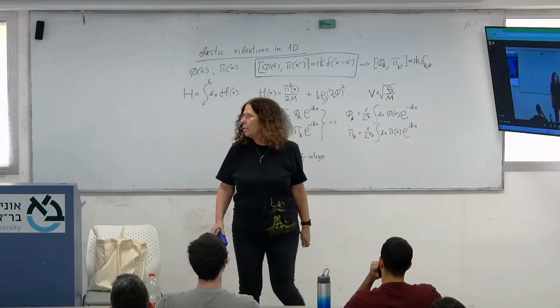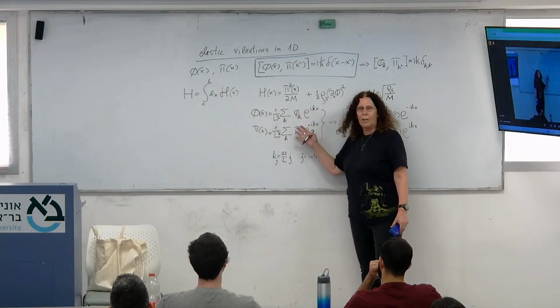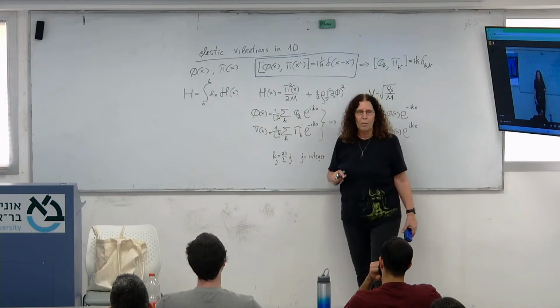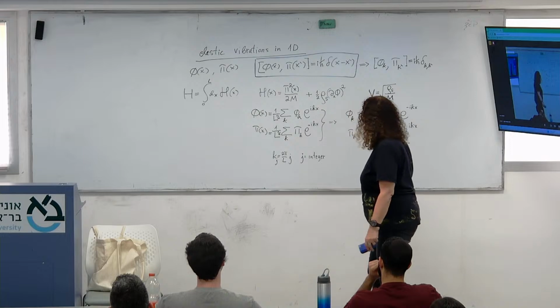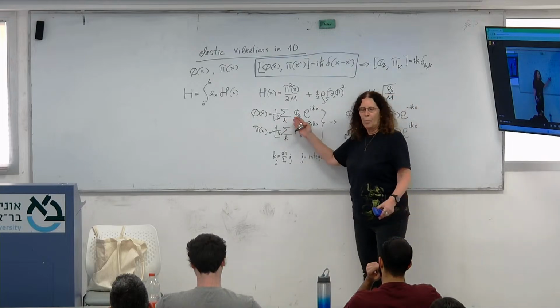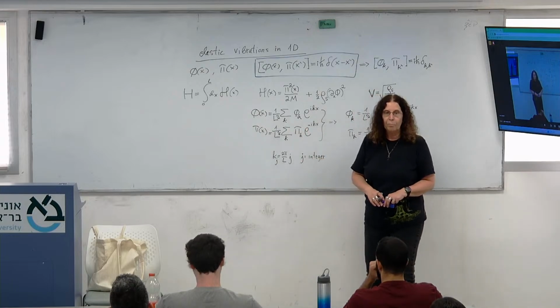So the sum over k encodes all the allowed k vectors, or wave numbers, if you like, because it's in 1D. And they can be a continuum, they can be discrete. This depends on the boundary conditions, okay?